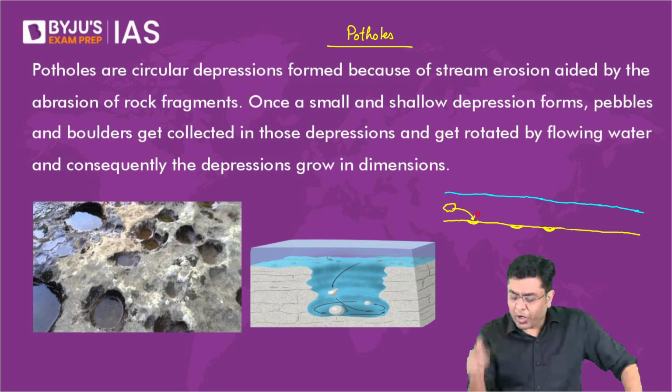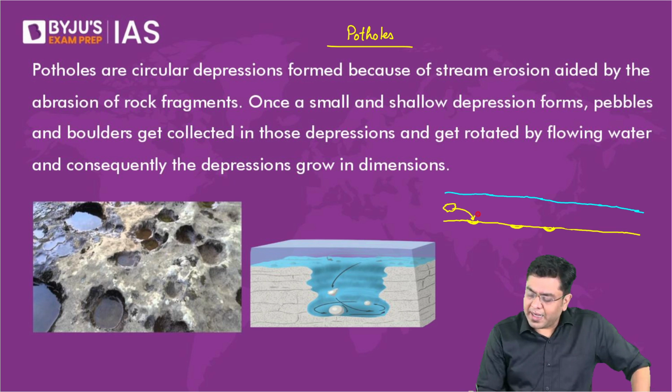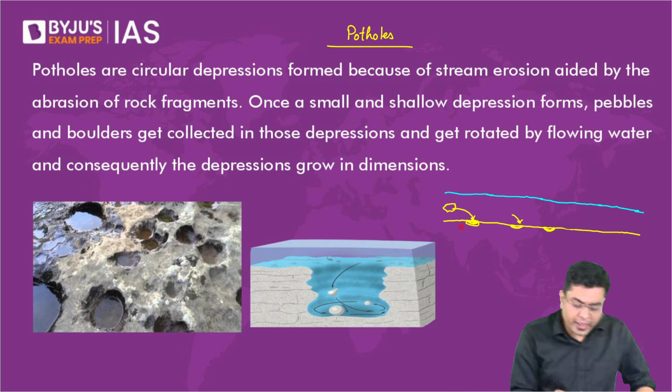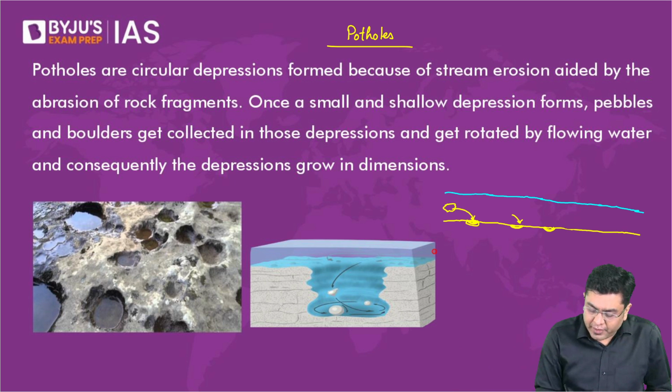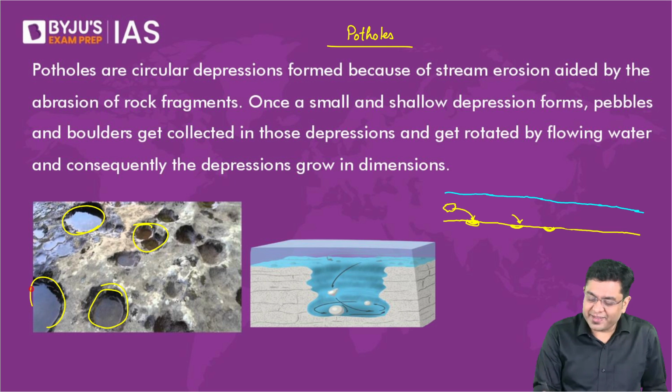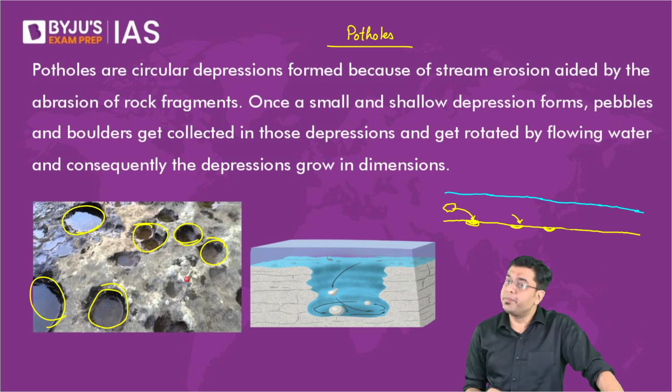But let's suppose another rock hits the same region, what will happen? It will get deeper ever so slightly. So eventually on the riverbed, you will observe these small indentions, these small depressions. These are what are referred to as potholes.